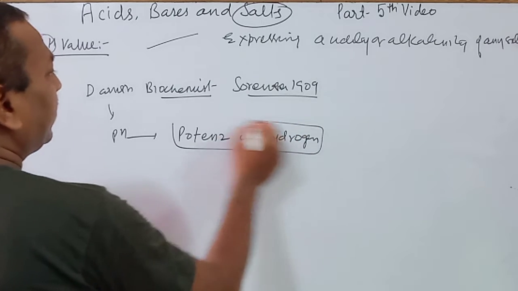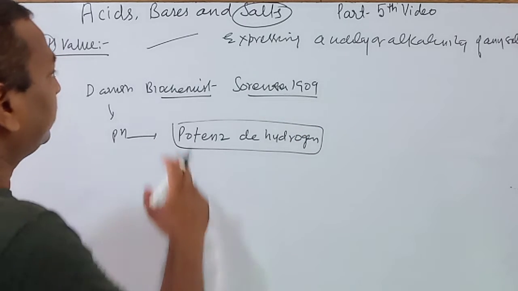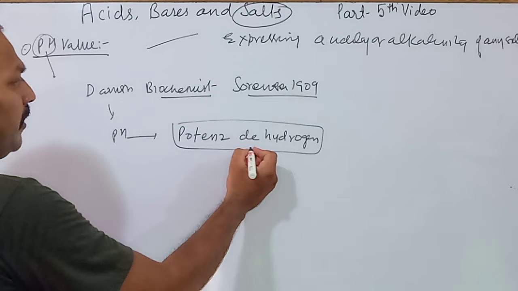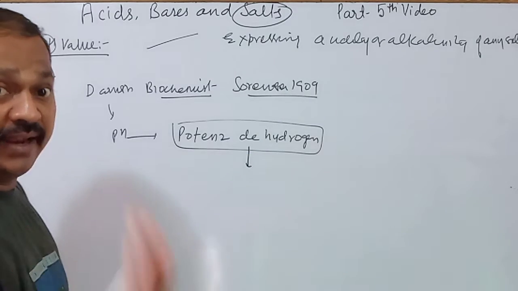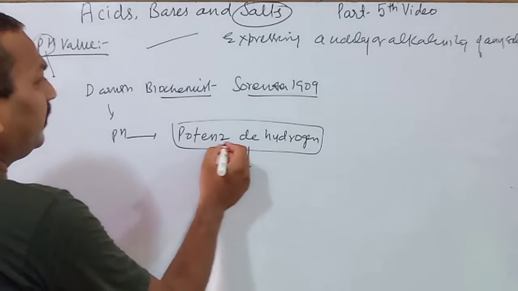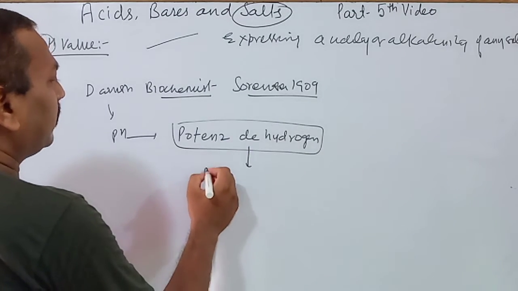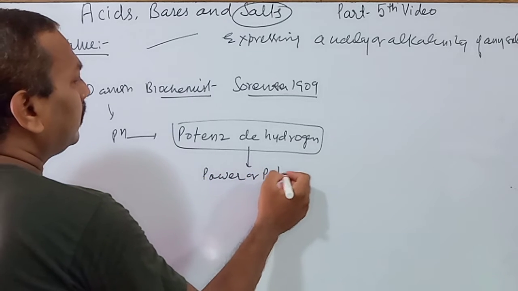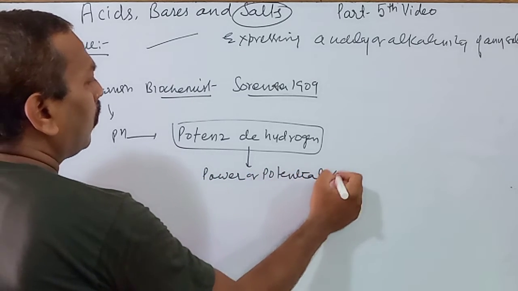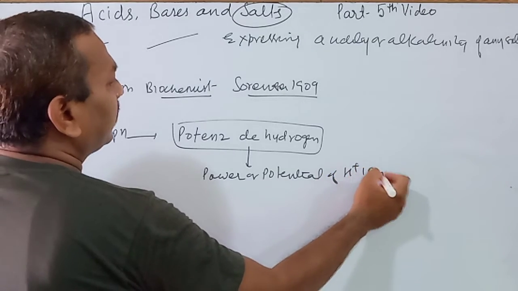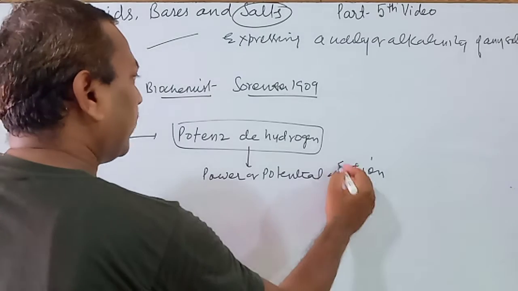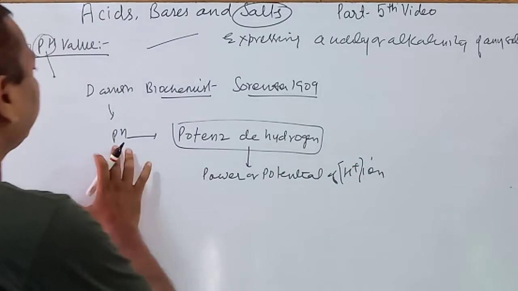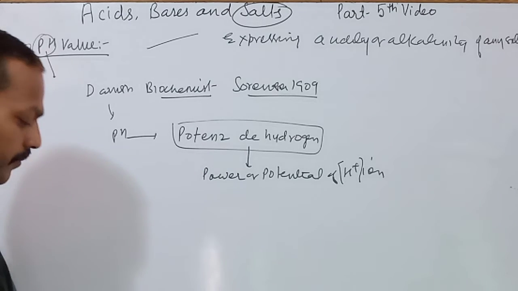This statement is in the Danish language. When we take out the meaning in English, it means potential of hydrogen ion. Simply, the power or potential of hydrogen ion concentration. Okay, this is the meaning of this pH value.